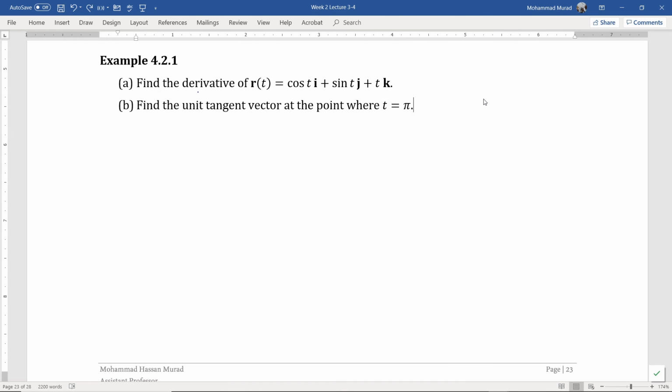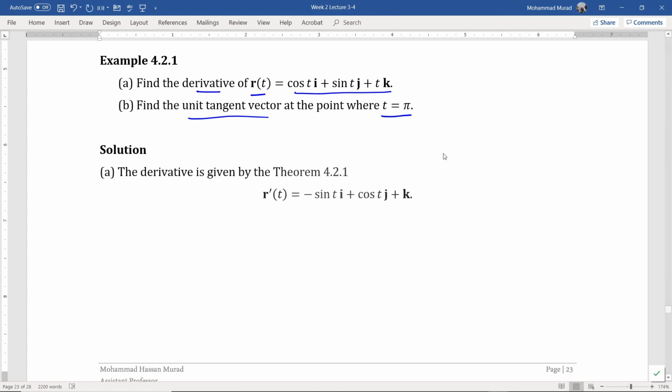We want to find the derivative of the vector function whose components are given here. And in the second part, we want to find the unit tangent vector at a given point, t equals pi. The derivative is given by theorem 4.2.1. The derivative vector r prime has as components the derivatives of the component functions of the vector function r.